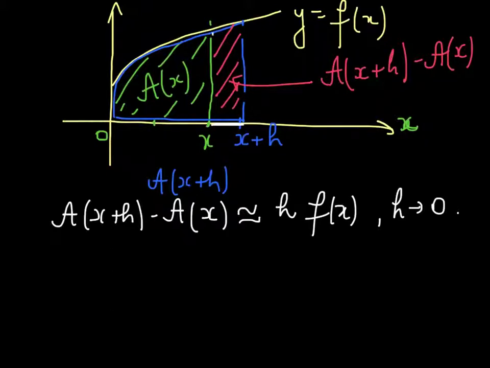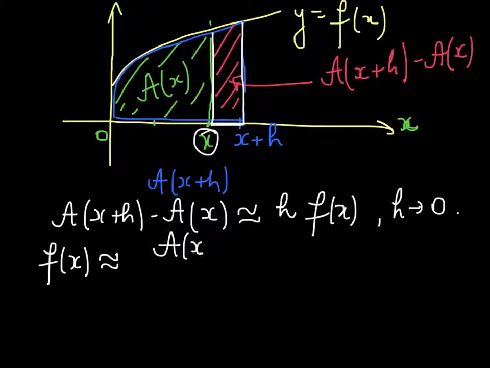Right? Because this bar and this bar are almost the same, and I can say they are equal to f of x. Meaning that f of x approximates to A of x plus h minus A of x over h.